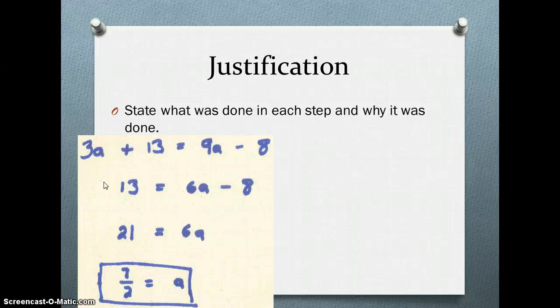Now, what was done in each step? How do we get from one line to the next? If we look here, how did I go from here to here? Well, it looks as though this 9a changed to 6a, so it looks like I subtracted 3a from both sides.